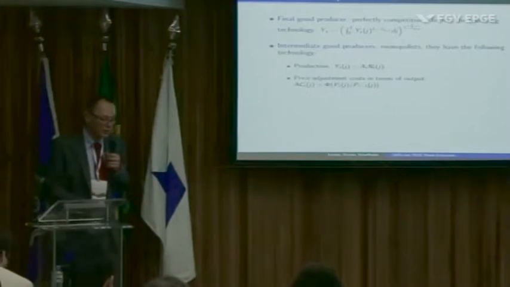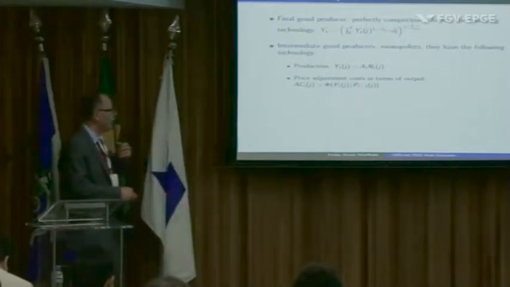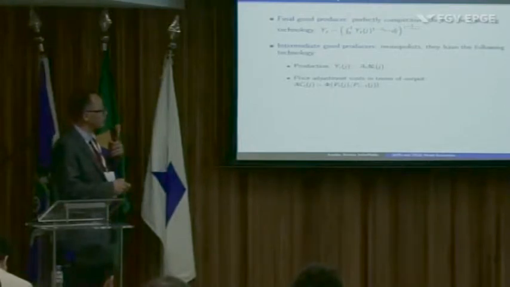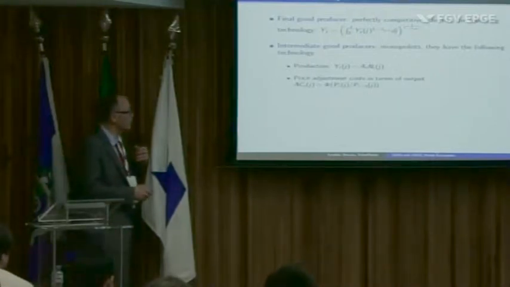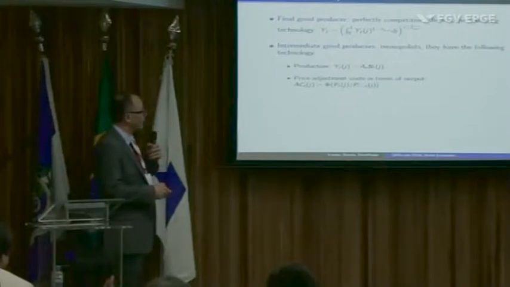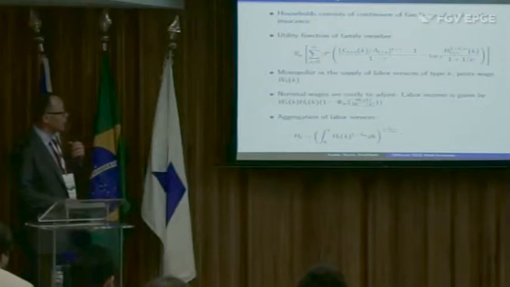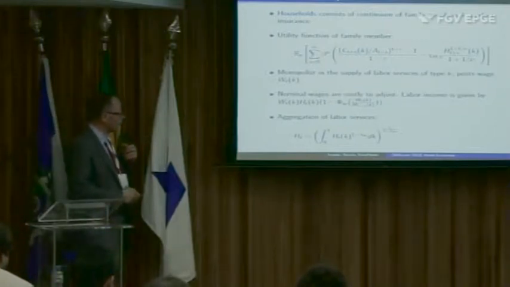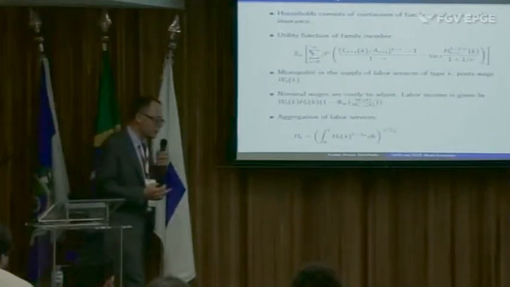Unlike what you've seen in the previous paper where there was this SS policy, here we assume just convex, quadratic price adjustment, Linex price adjustment costs, which are in terms of output. On the household side, the key is that we have a continuum of households.